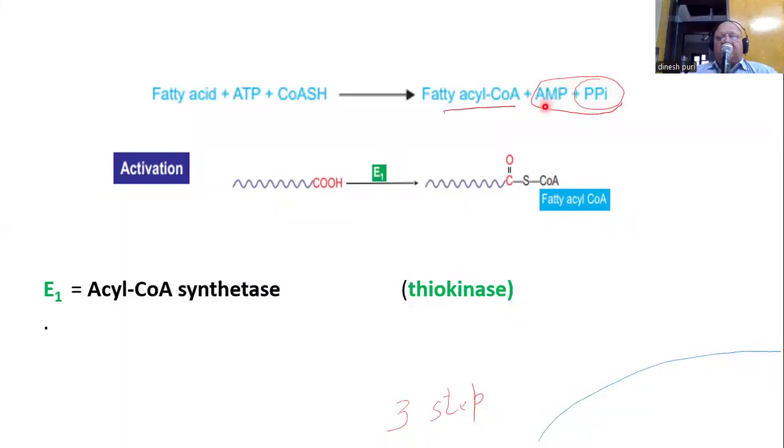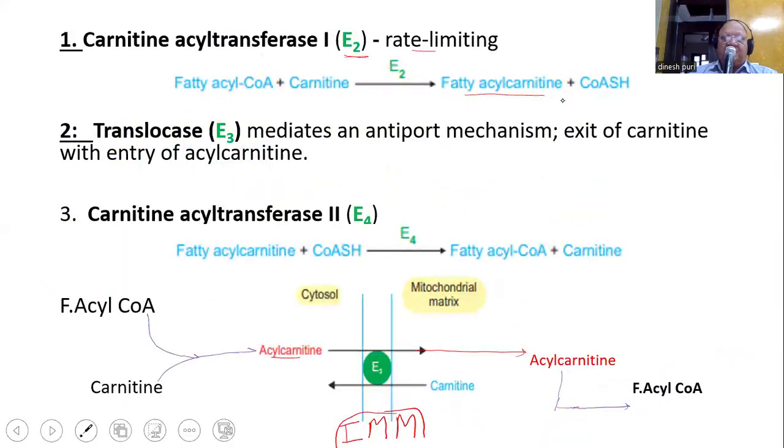Now, fatty acid having been activated to fatty acyl coenzyme A must enter the mitochondrial matrix, the principal site for beta oxidation, for which the carnitine shuttle, the topic of today, comes into the picture, and it operates in three distinct steps.